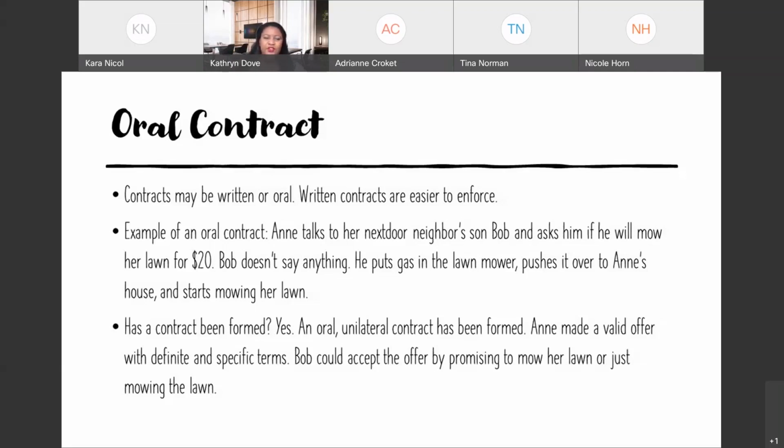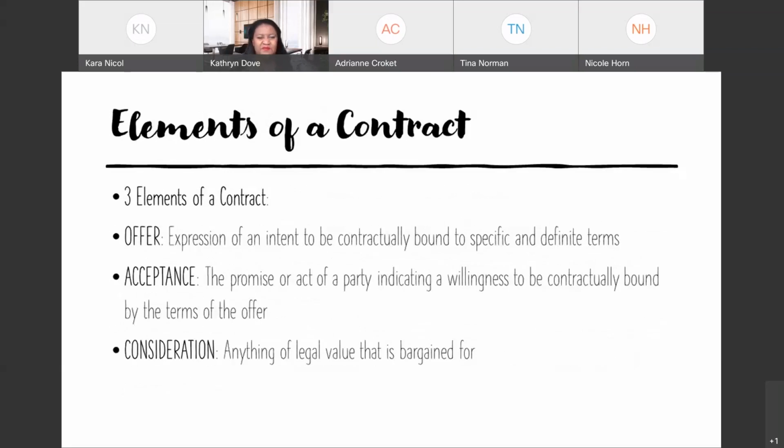Kara, what is the consideration in this oral contract? Money. Yes. Each party must get consideration for a contract to be enforceable. Bob got money.